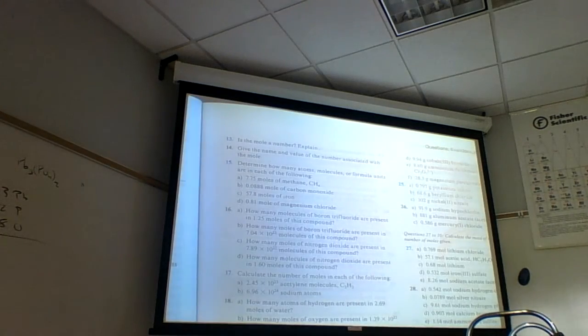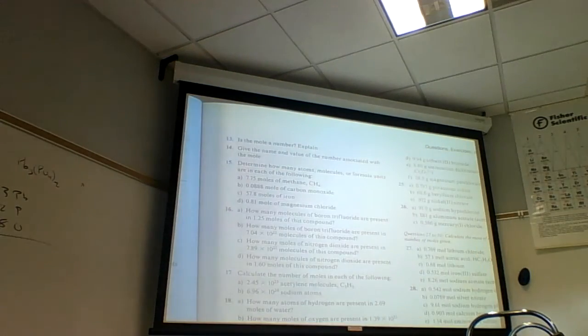You could just do this dimensional analysis: 1.25 moles of BF3, and then we know that there's 6.022 times 10 to the 23rd units per mole.